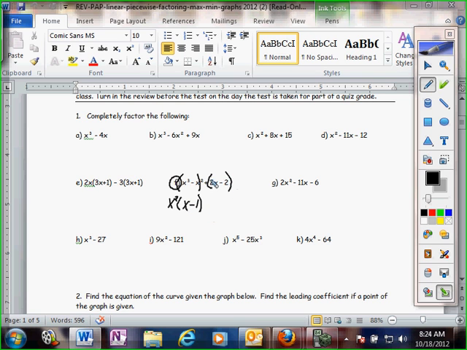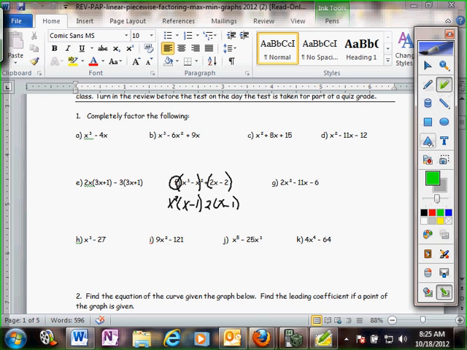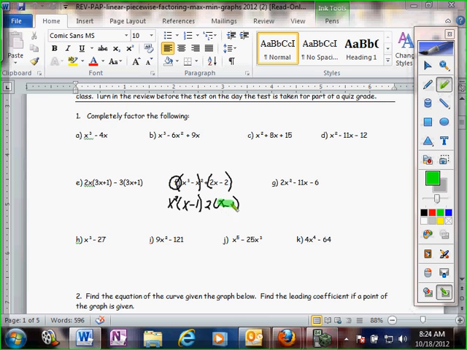Then in the second group, I'm going to pull out a 2, and when I divide these two terms by 2, you get x minus 1. And here is the part where these two are similar. Notice this set of parentheses matches this set of parentheses. Let's go back to E really quick. This set matches this set. So this problem for E is already mostly completed.